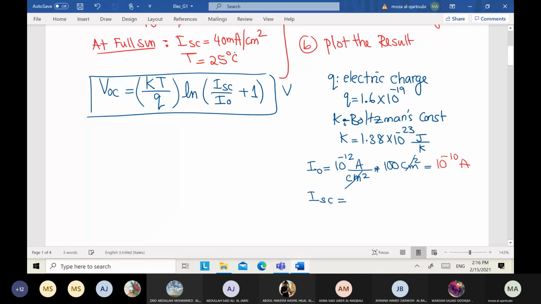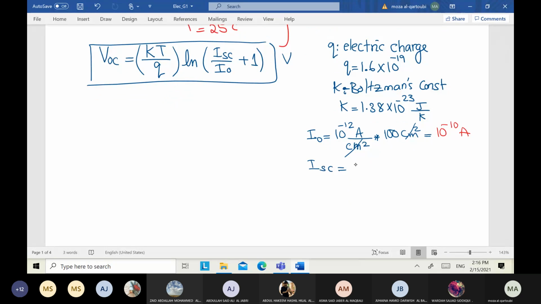I short circuit is given as 40 milliampere per centimeter squared. So we should change milliampere to ampere, and also cancel the area unit, centimeter squared. So this value is 40, changing milli to ampere, 10 to the power minus 3 ampere per centimeter squared, then times the area, again 100 centimeter squared.